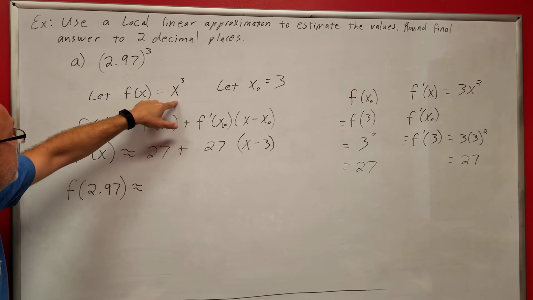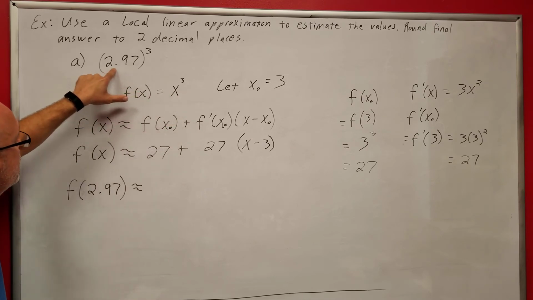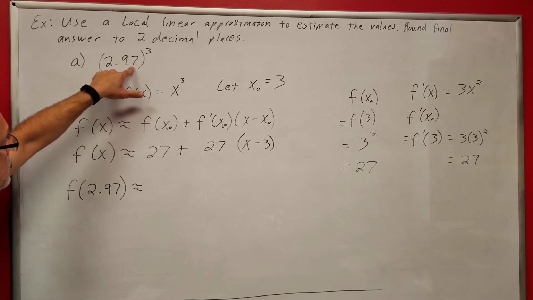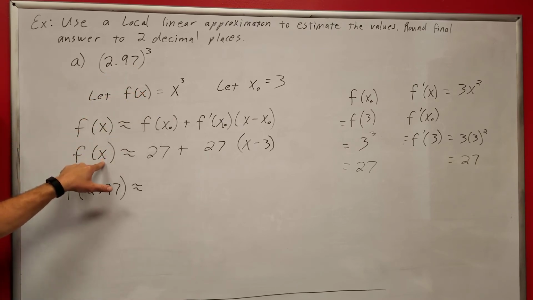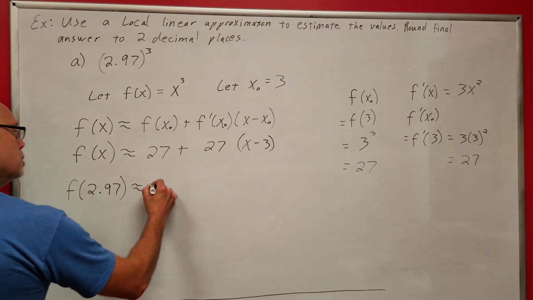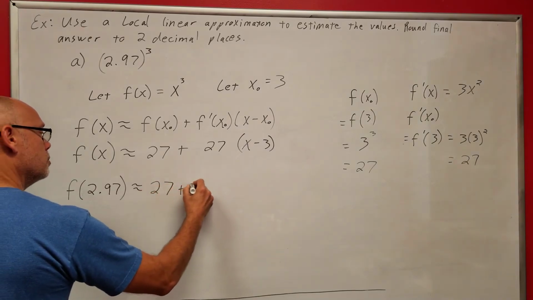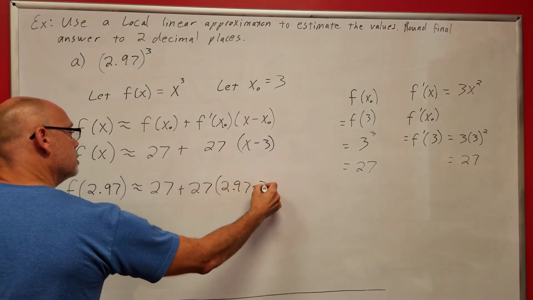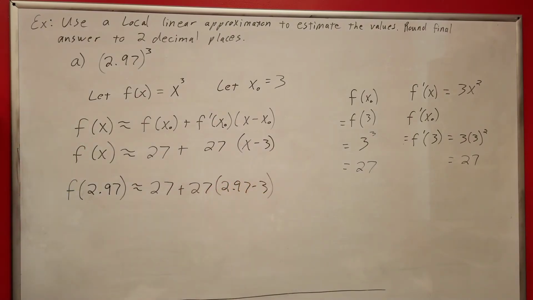What is the part that's being cubed? The part that's being cubed is 2.97. So x is 2.97, so in place of x, I put in 2.97. It's equal to 27 plus 27 times 2.97 minus 3.